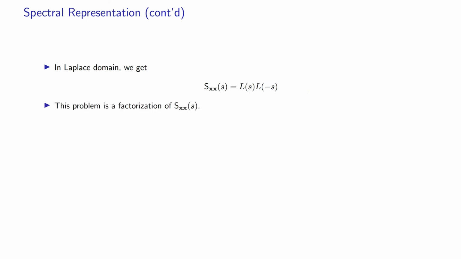So this problem is just a decomposition. If the power spectrum of the input random process is given to you as a function, then the problem comes down to finding L of s.